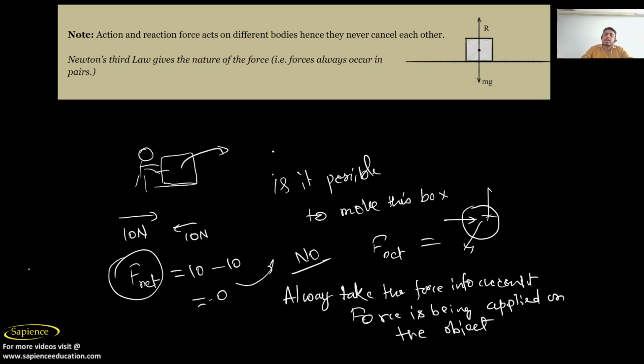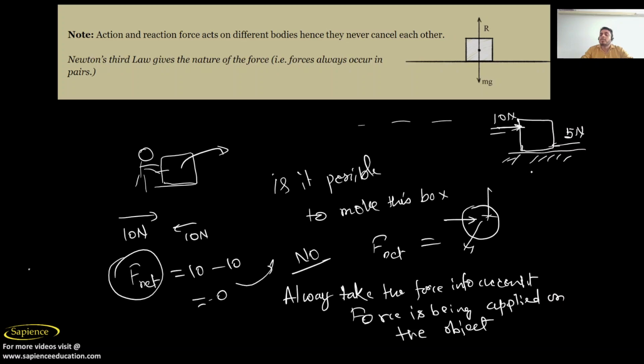In this case, if you look at this box, a person is applying a force of 10 Newton on it. We will take this force only. We don't need the force applied by this object. So this 10 Newton force is there. Suppose it is on the ground, and let us consider the friction force may be 5 Newton.